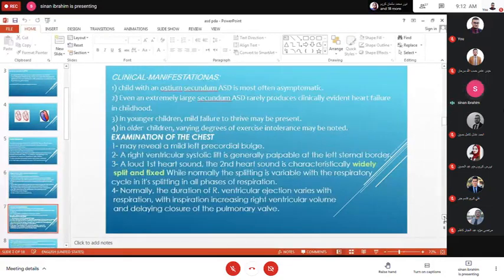What are the clinical manifestations of the patient with ASD? Usually, children with secondary ASD are most often asymptomatic. As we said, these are most commonly small in size, and a small defect does not produce complications until after the second decade of life. So most children are usually asymptomatic.